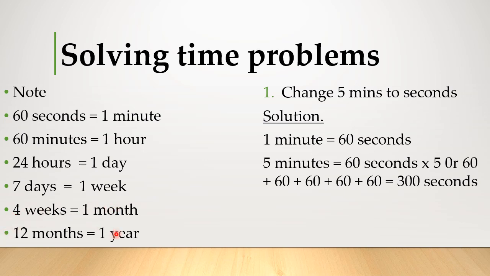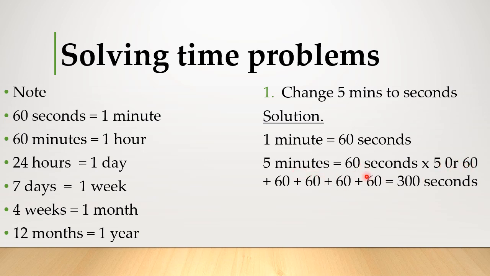So now then I said, change 5 minutes to seconds. The solution is, 1 minute here is how many seconds? 60 seconds. So 5 minutes is either you say 60 seconds times 5, or you say 60 plus 60 plus 60 plus 60 plus 60.